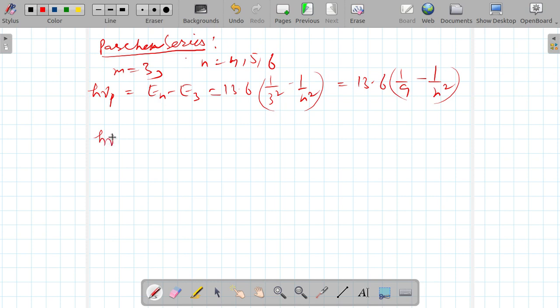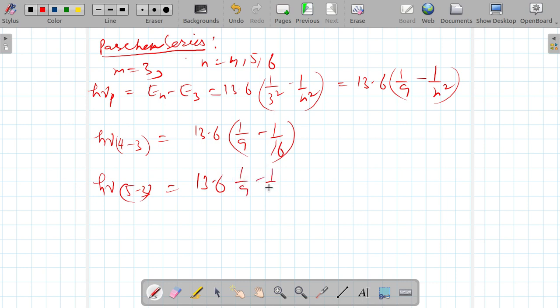So h nu 43 is 13.6 by 9 minus 1 by 16, h nu 53 is 1 by 9 minus 1 by 25, and h nu 63 is 13.6 by 9 minus 1 by 36.